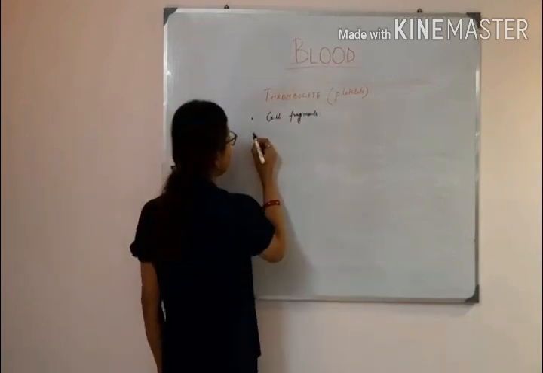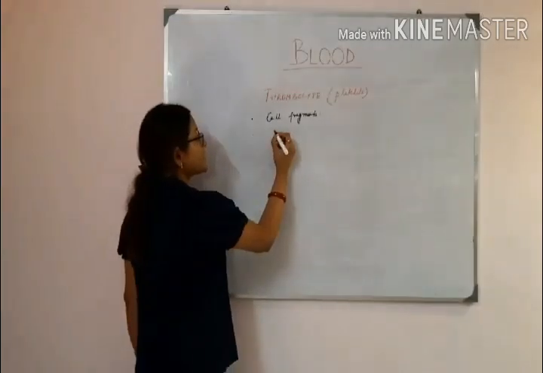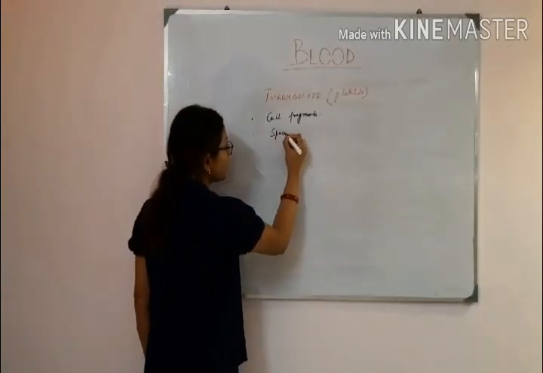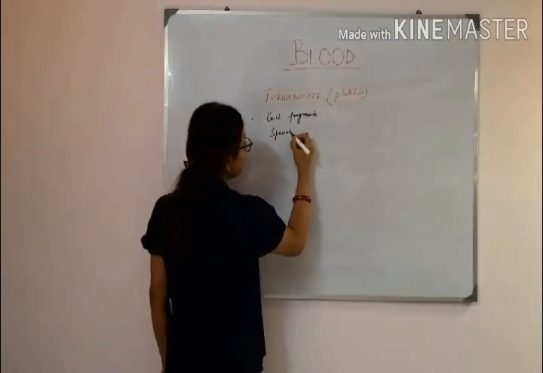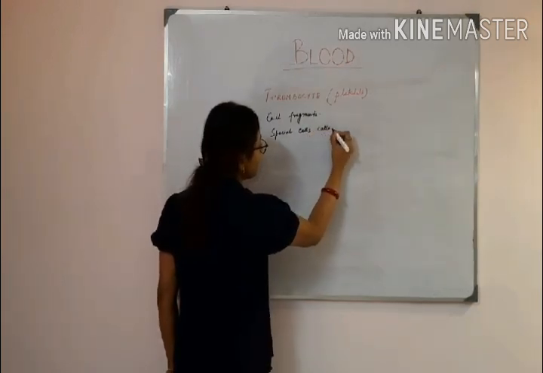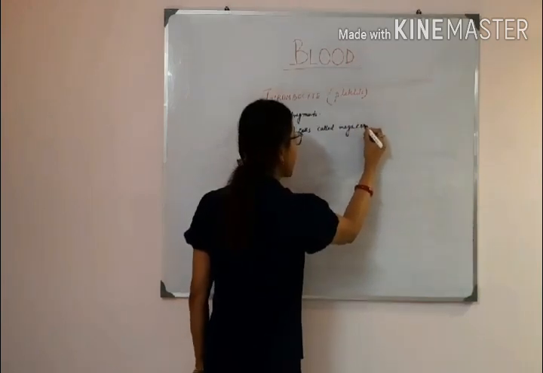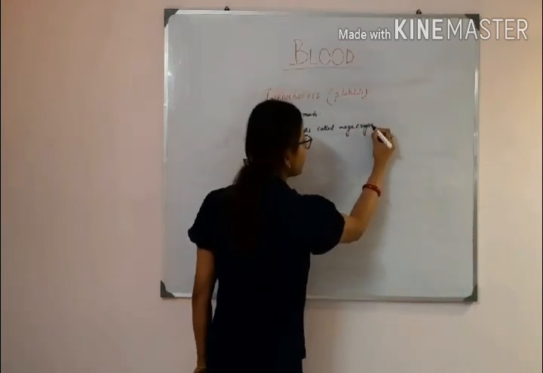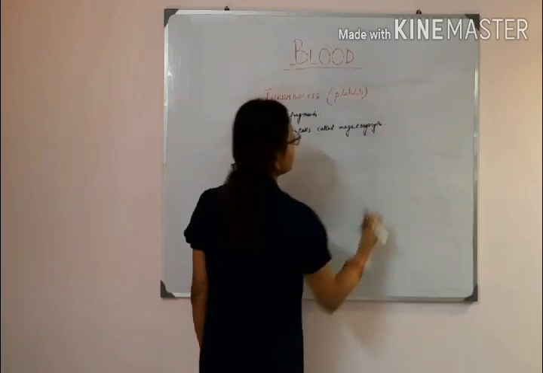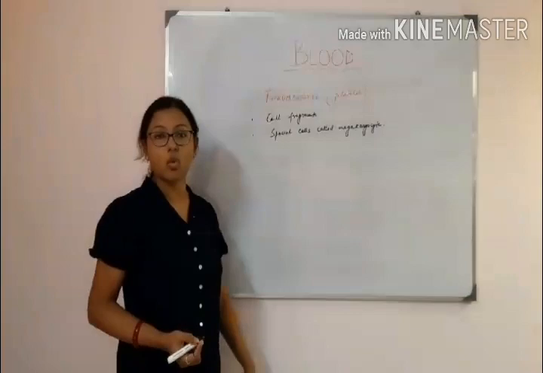Next, this thrombocyte is formed from special cells called megakaryocyte. These are special cells present in bone marrow.